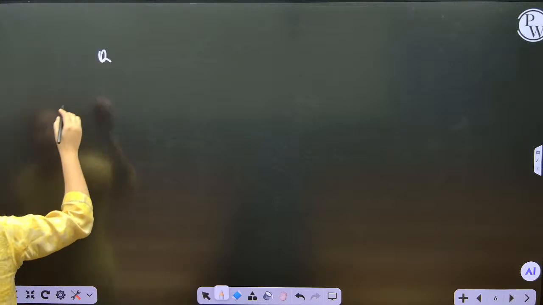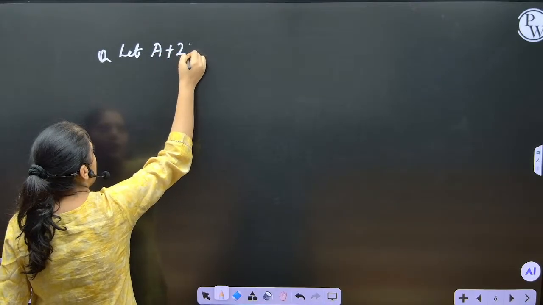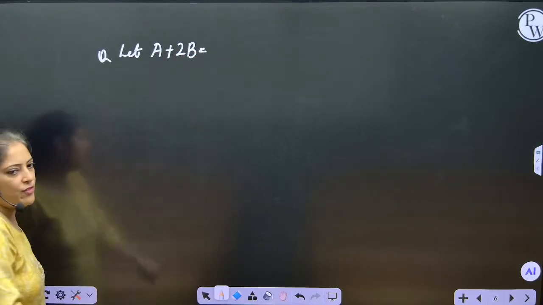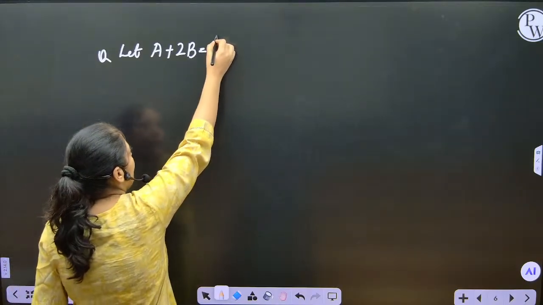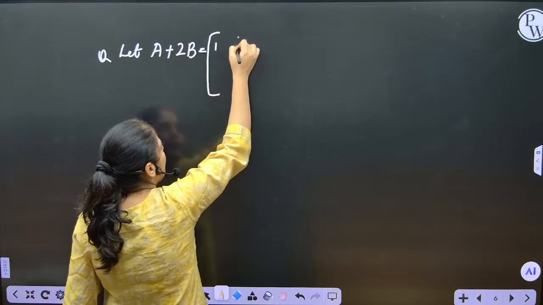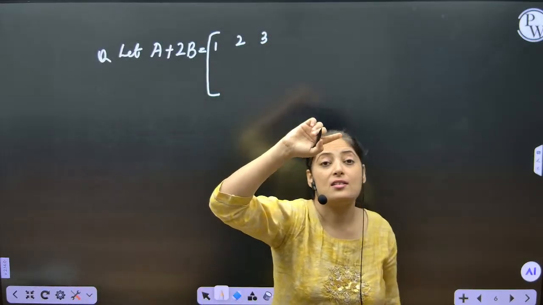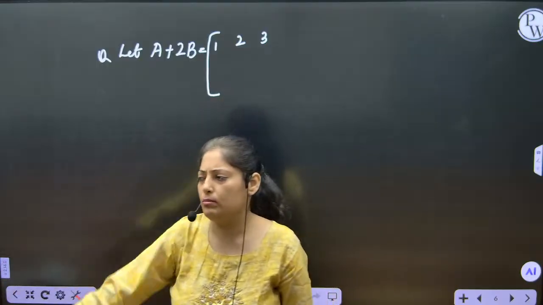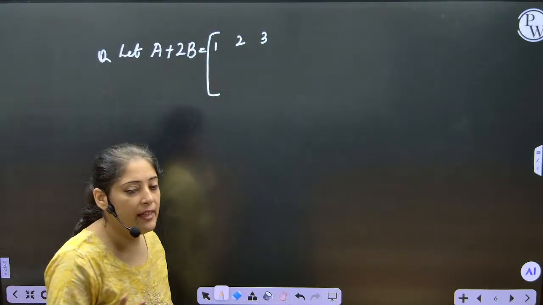Next question. The question is A plus 2B. Now two matrices we have to find. We have to find the matrix A also, we have to find the matrix B also. You must have done in your 10th class or any other, elimination method, substitution method, linear equations in two variables.